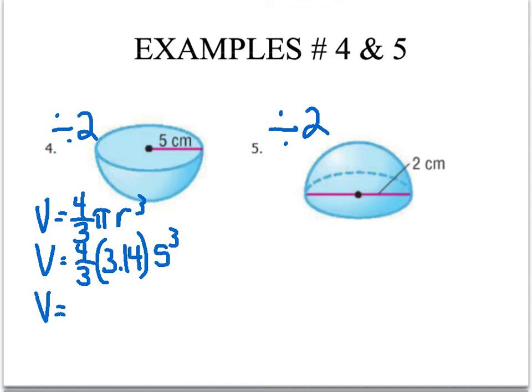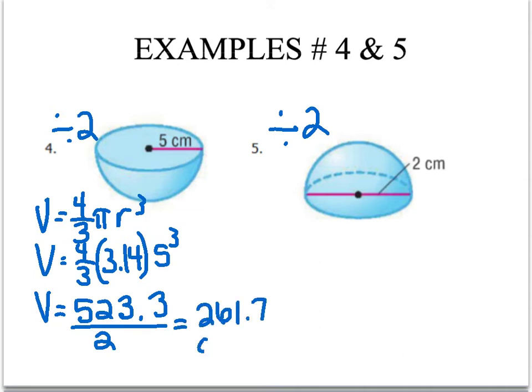And so we get a volume that is 523.3 to the nearest tenth, and we are dividing that in half. So we're dividing it by 2 to get a volume of 261.7 cubic centimeters.